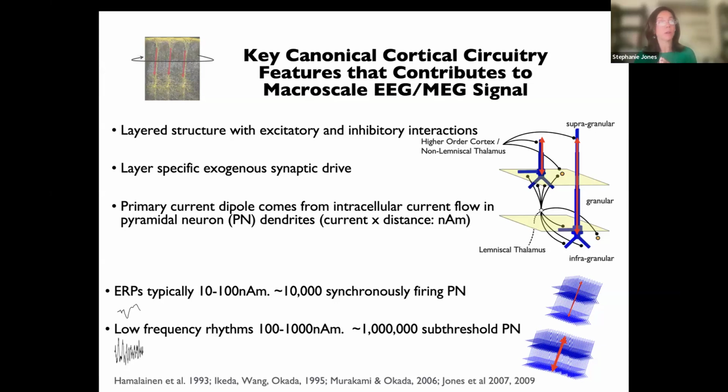Low frequency rhythms are even bigger. They're about 100 to 1,000 nanoamp meters, and they're thought to be generated by on the order of 1 million pyramidal neurons in sub-threshold current flow across these pyramidal neurons. Not that 1 million pyramidal neurons are firing action potentials at a low frequency rate.